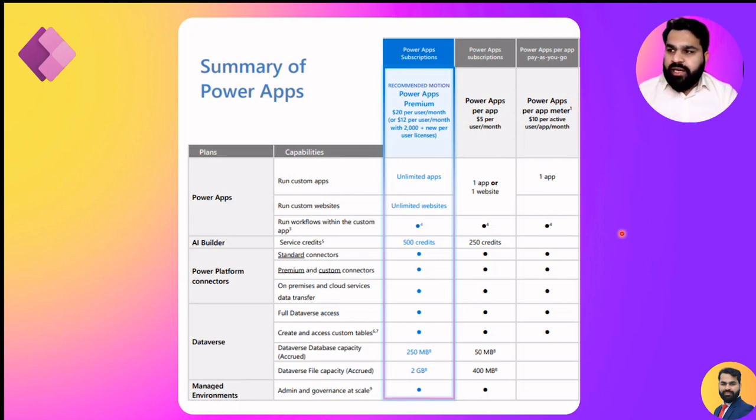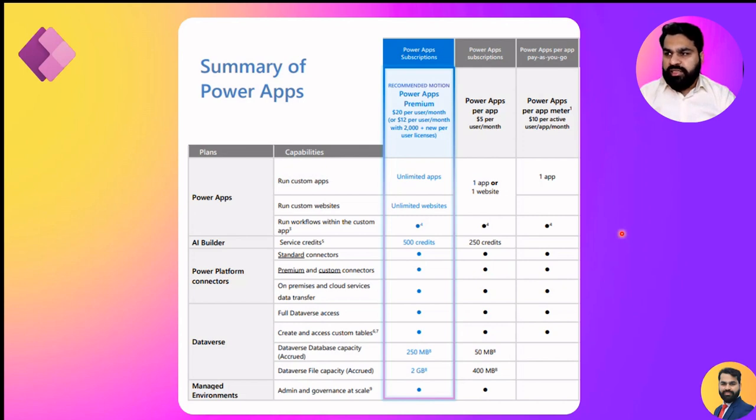Now, the reason behind talking about premium connectors and standard connectors is because the whole game of licensing is dependent on this as well. How? When we talk about Power Apps licensing, whether a Power App is a standard Power App or a premium Power App is decided based on the connectors which are being used in that application. For example, any Power App which is built by a developer for development purposes or for a proof of concept can be built on SharePoint as a database, right?